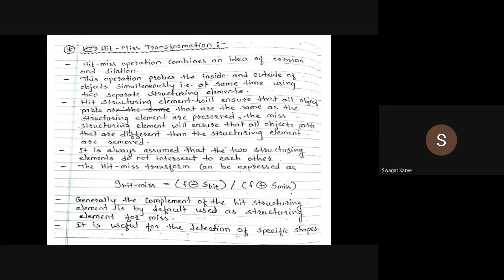You are well familiar with what erosion and dilation mean. So in this hit and miss transform we are combining the erosion and dilation operations, right? Now this operation probes the inside and outside of an object simultaneously.